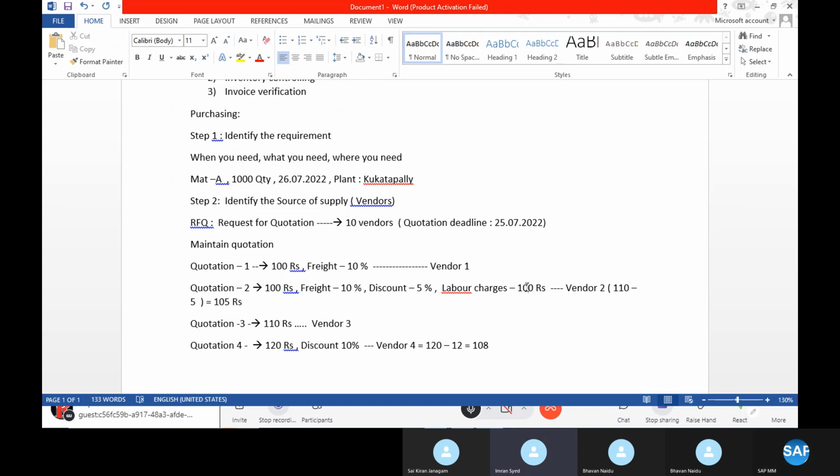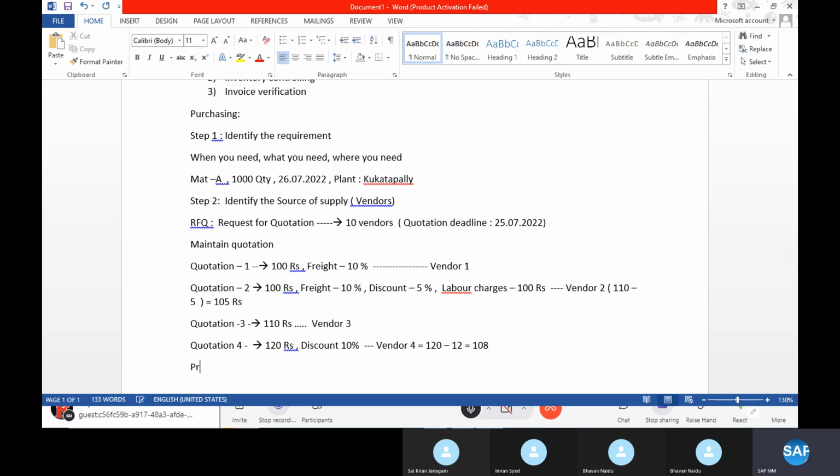When there are multiple calculations, our eyes just look for the minimum value, but we also need to calculate all the factors like freight, labor charges, and discount. That is what we do in the price comparison.